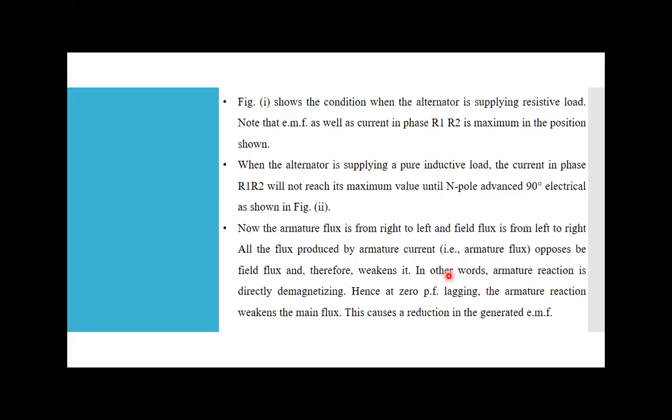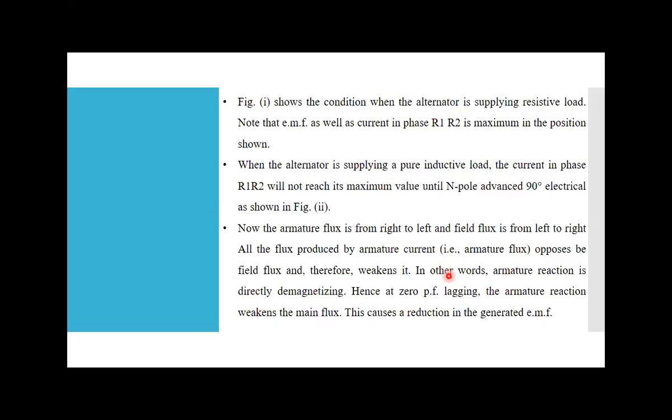In other words, when we have a DC generator and armature reaction, there are two possibilities: demagnetizing and cross magnetizing. You have to be aware of that.